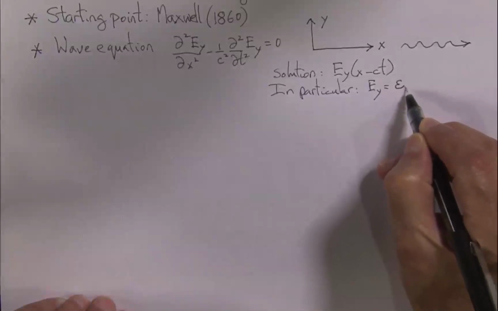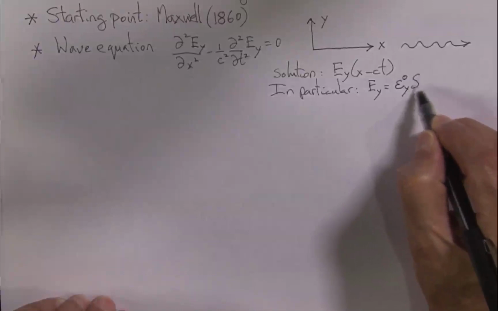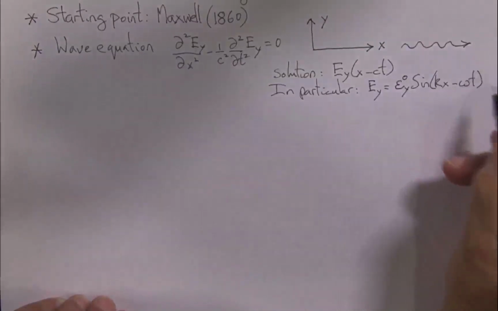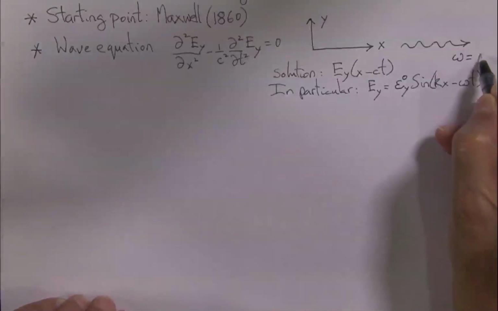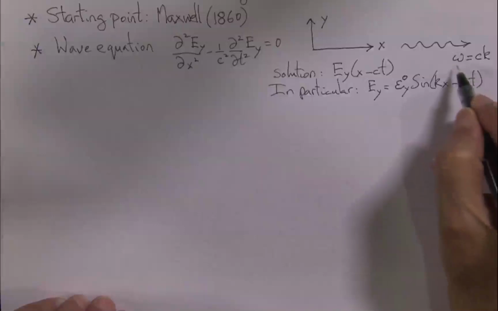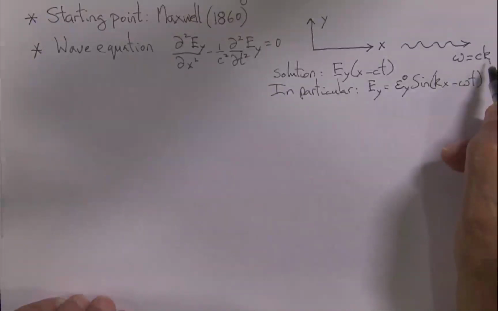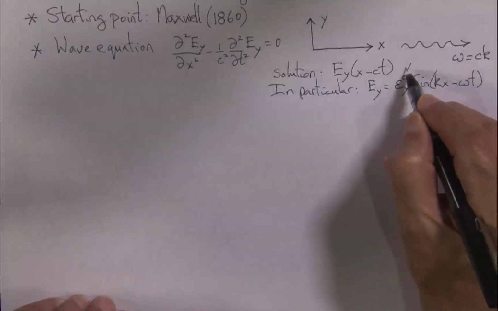So let me call that Ey0, maybe, sine of kx minus omega t, where we know that omega has to equal ck. That's what you learned is called the dispersion relation. So the ratio of omega to k is the speed of light. This here is the amplitude.